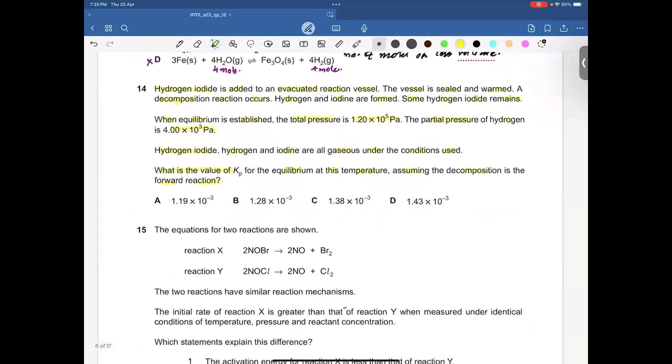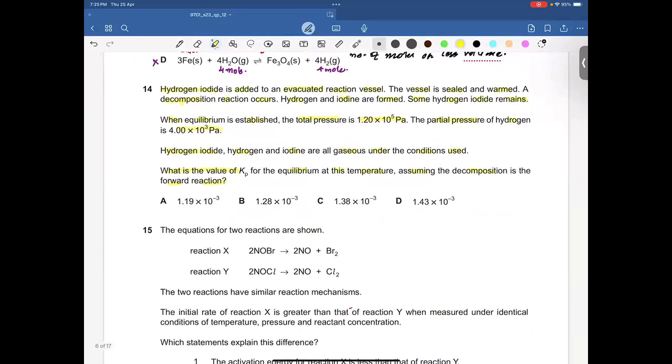It's a tricky question, I must say. Let me do it. So we have hydrogen iodide in the vessel. It is decomposed and converted into hydrogen and iodine, all of them are gases.